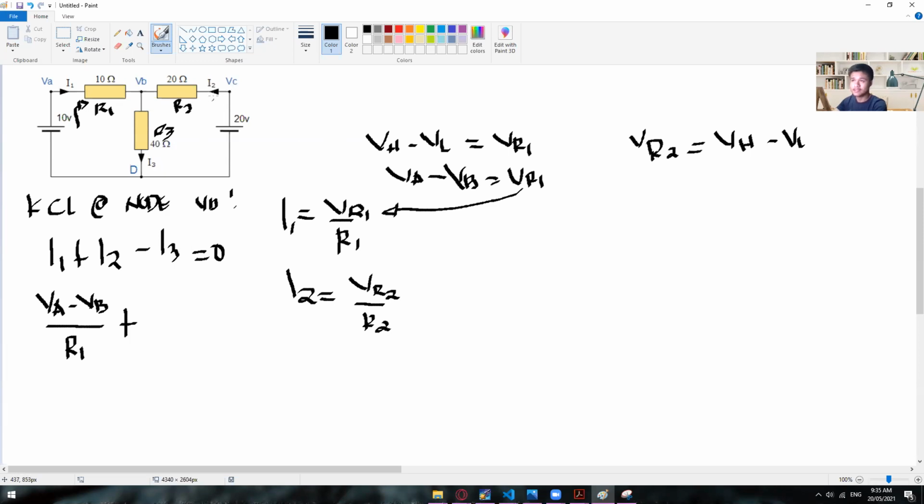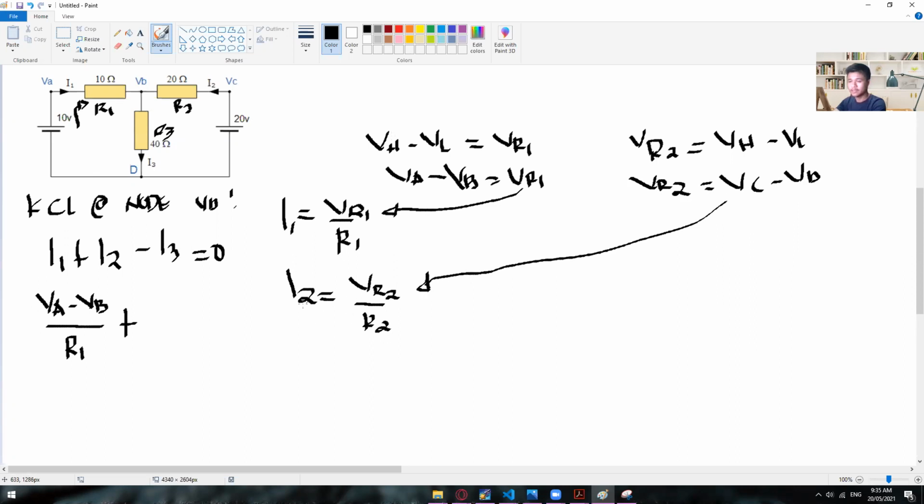VC is receiving 20 volts, and at this point, of course, it will leave a voltage drop. Upon reaching VB, VB is now lesser than VC, so we already know that VC is higher than VB. So in here, we could say that VR2 is equal to VC minus VB, which is now the same as our VR2 right here.